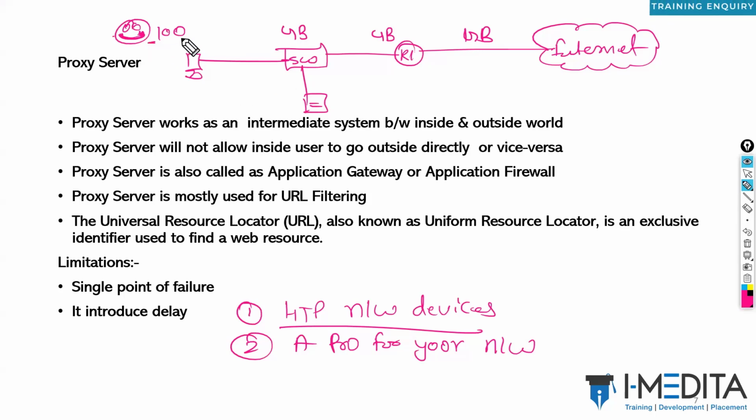For example, we currently have 100, after some time there may be 200 users, so we will also keep scalability in mind, and we will purchase the proxy server according to our network requirement.